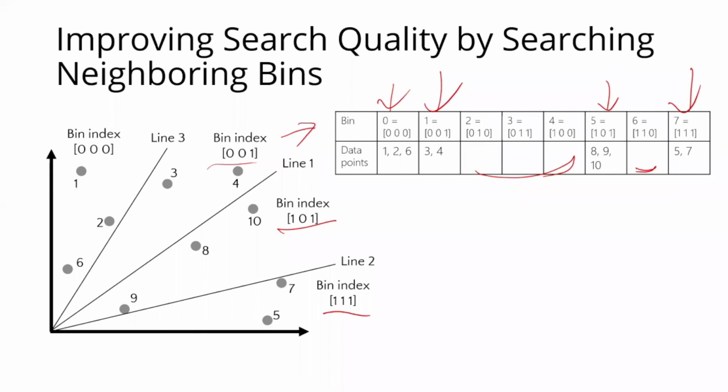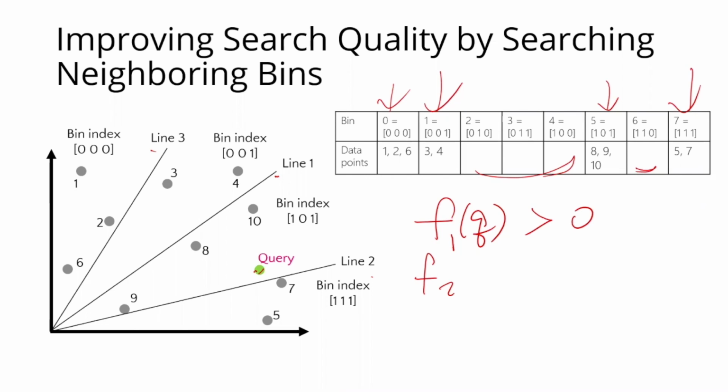Now, when the query comes in, this is the important part, okay? When the query comes in, what happens is we put this query into each of the hash functions. So the query point Q, when we put that in the first hash function, we're going to see that this is a positive sign. If you do the same thing with the second hash function, since the query point is above the line, we know that the value for the second hash function is going to be negative.